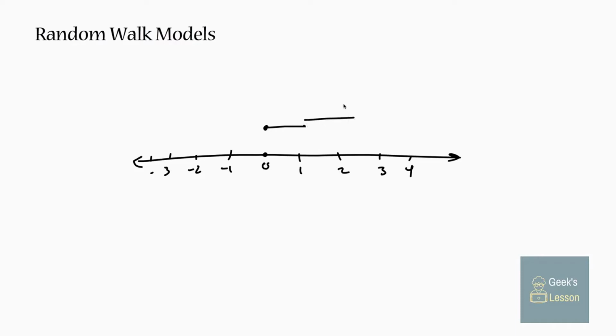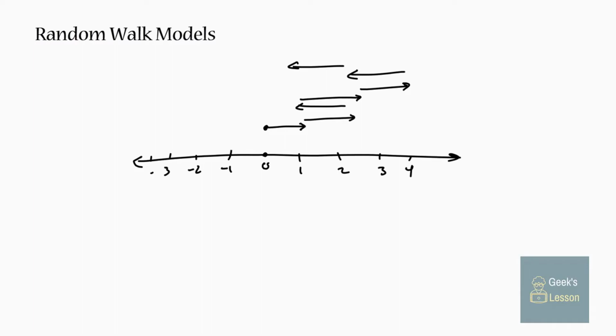I'll go right again, then I'll go back, then I'll go that way. And then maybe I'll go that way, and then maybe I'll get some more tails. And the process will move around randomly, a lot like genetic drift.